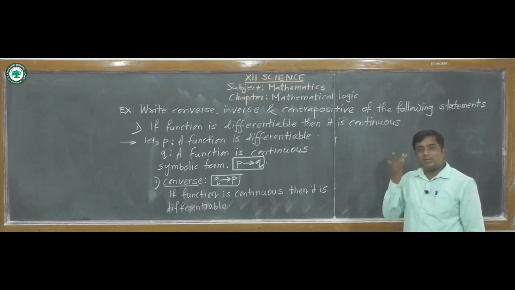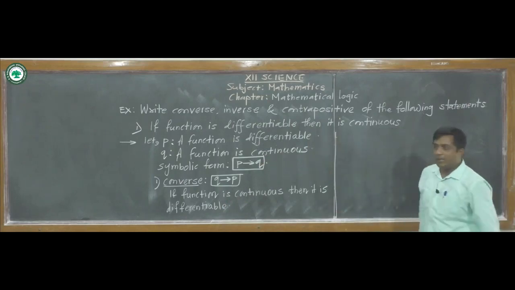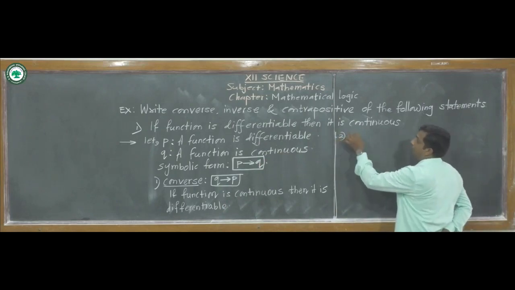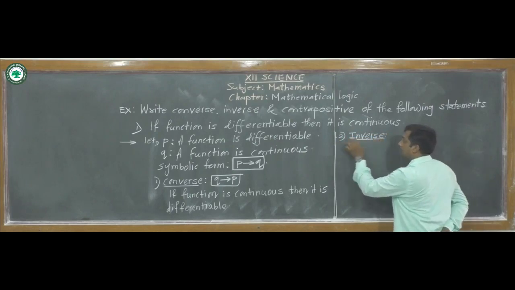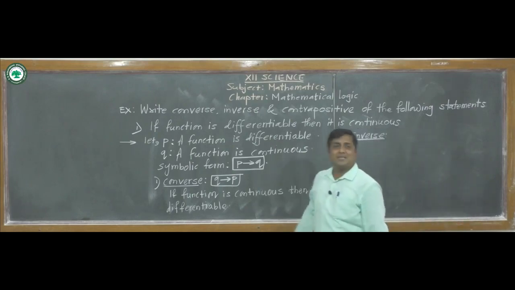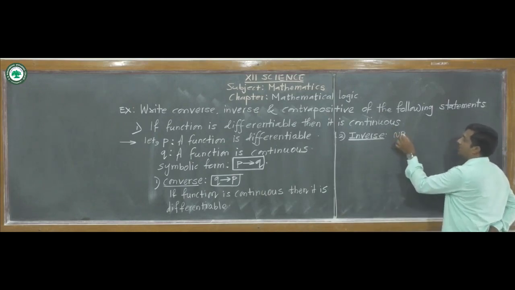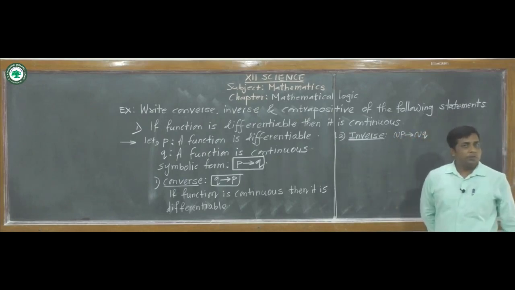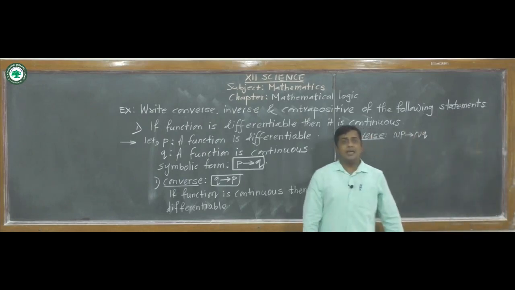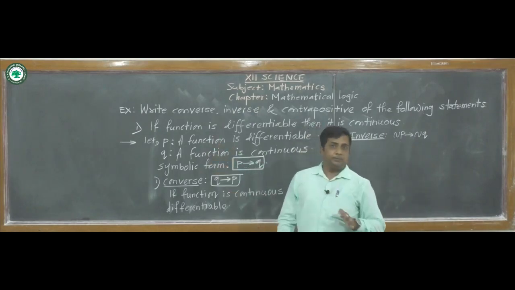Let's go with our second one. We define the inverse. We know if P implies Q is the given relation, then its inverse is denoted by using negation of P implies negation of Q. That is, we consider negation of P and Q both.